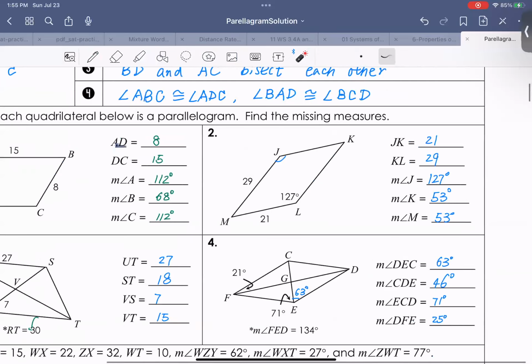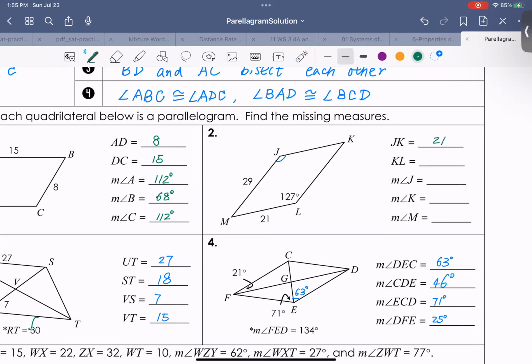Let's do number 2. Stephen, let's figure out all those side lengths and angles, please. JK is 21. KL is 29.